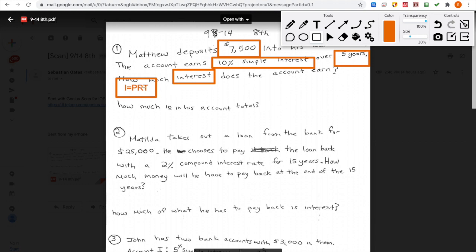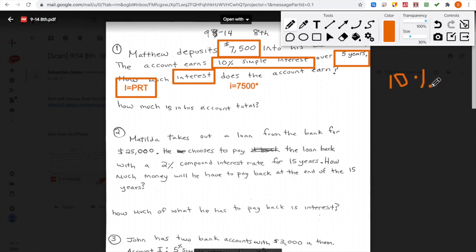So I'm going to start replacing the P, the R, and the T with what they are. I'm going to have I equals, or the interest equals 7,500 times, now I have this 10%. When I have 10%, I know I need to write that 10% as a decimal.